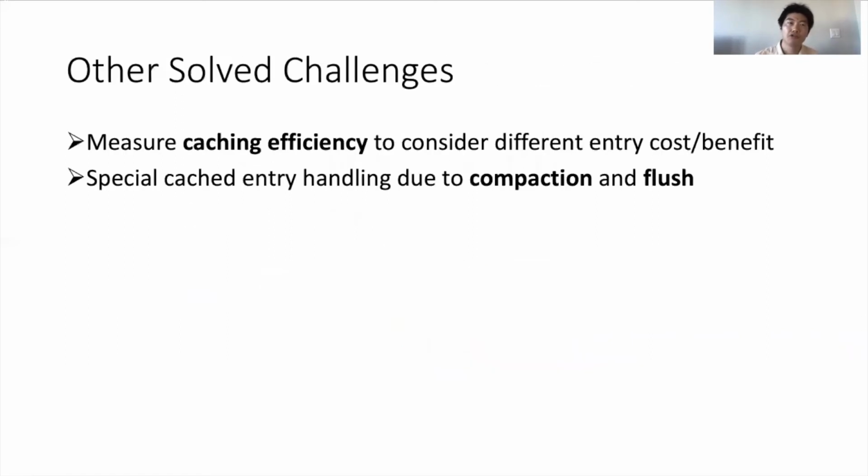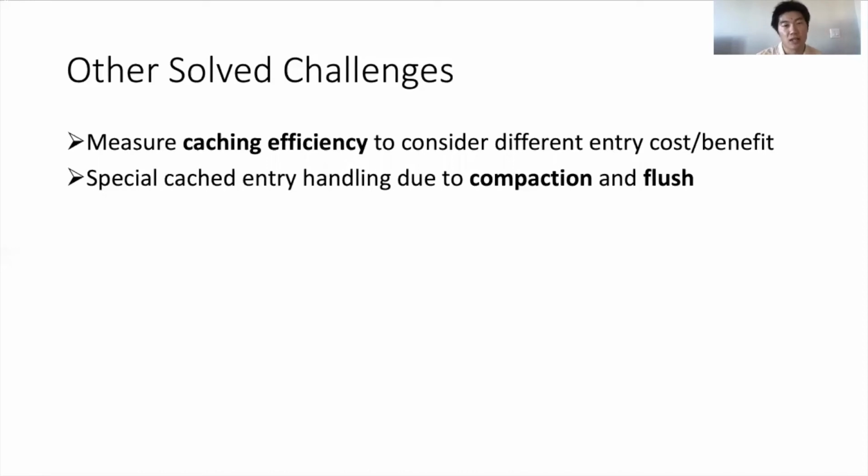In order to make this hierarchical adaptive scheme work, there are also other challenges, and we solve them here. For example, how do we measure the caching efficiency factor to consider the different cost and benefit of different caching entries, so we can make a correct decision in evaluating a specific item or in the boundary adjustment?